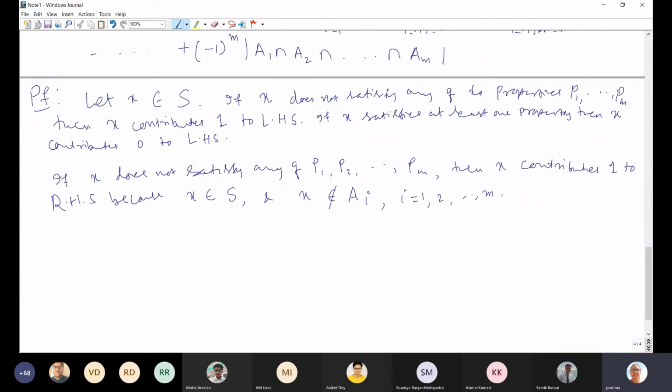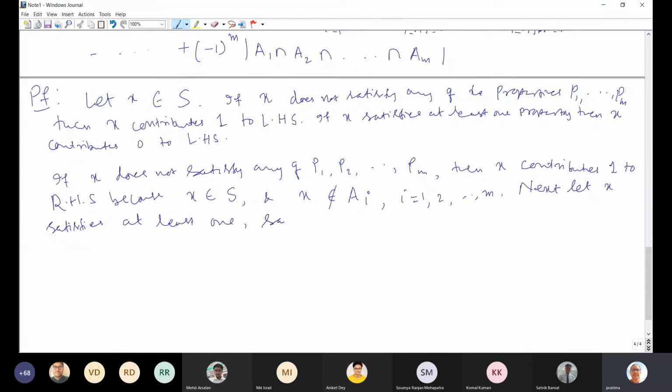Okay. Next we'll see the case where X satisfies at least one property. Let X satisfy at least one property, say exactly k number of properties.